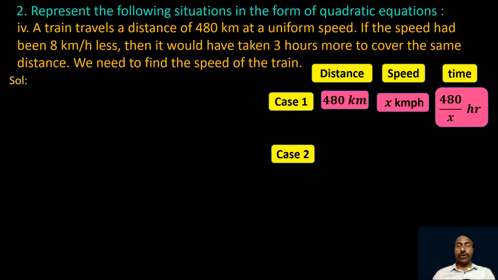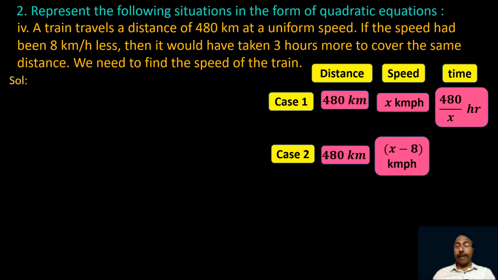In case 2, the train also travels 480 kilometers, and the speed is 8 kilometers per hour less, so the speed is x minus 8 kilometers per hour. In this case also, time is distance by speed, which is 480 by x minus 8 hours.